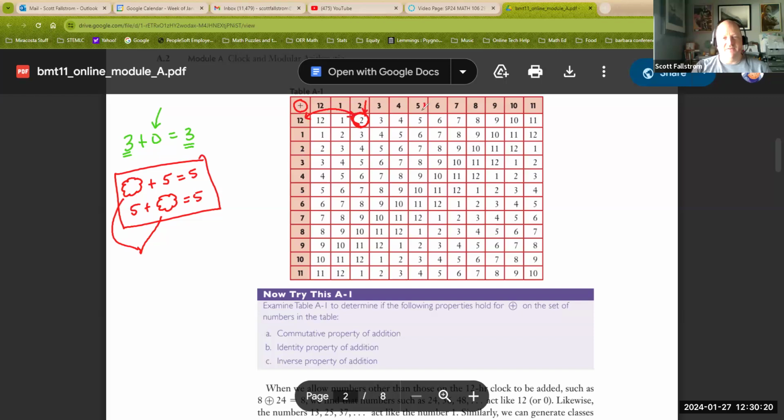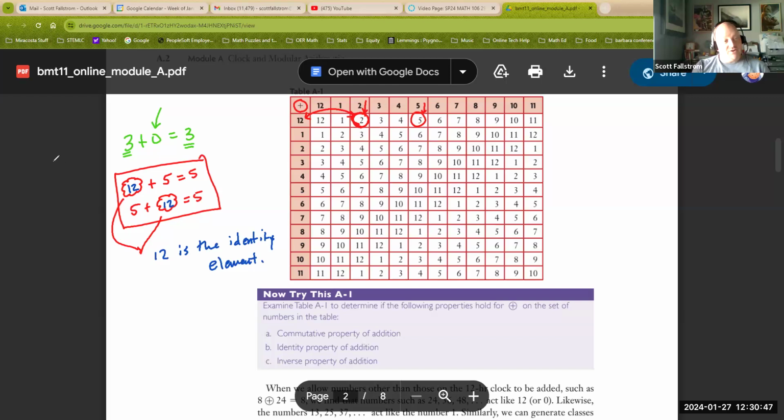So if I check the 5 column, 5 plus 12 gets me to 5. So this is a little tip off right here, right? This tells you the number you're looking for is 12. In a 12 clock, 12 is your magic number. Okay. So 12 is the identity element. So it does work.